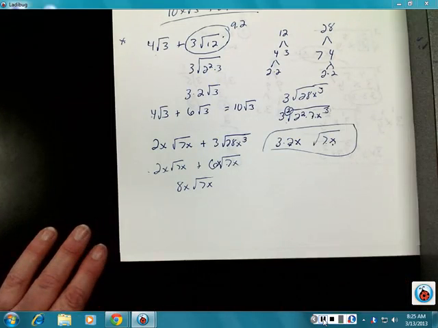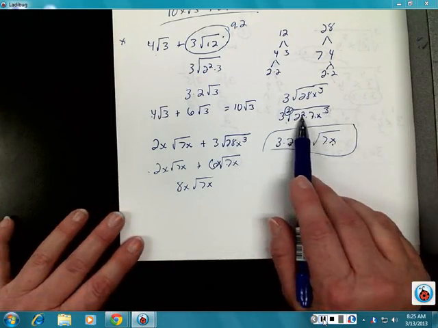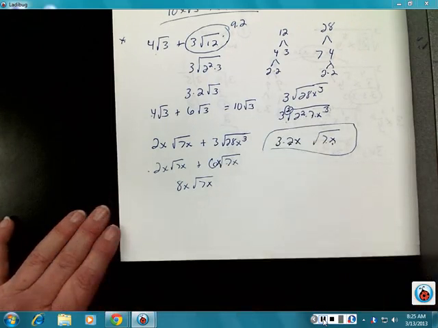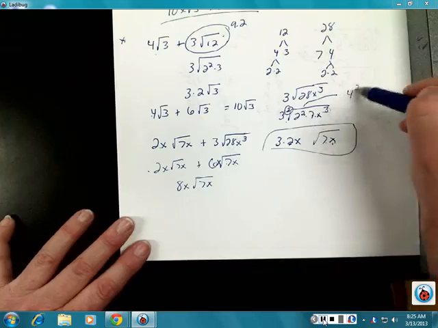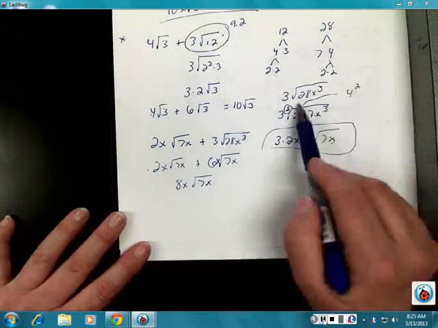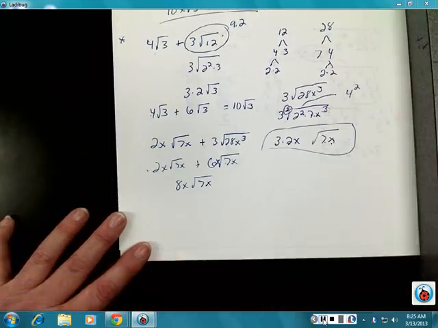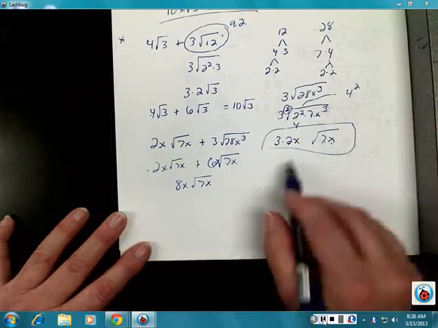Now, if it were 4 squared, would there still be a 2? If it was 4 to the second power, then you'd pull out a 4. Because 2 goes into 2 once, I still would pull out a 4. But if you had written a 4 here, 4 is a perfect square.